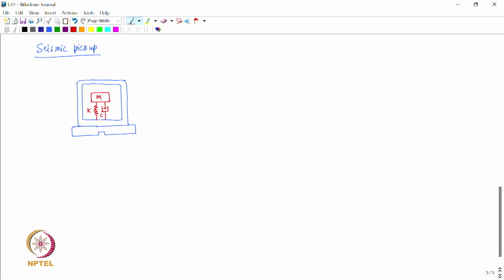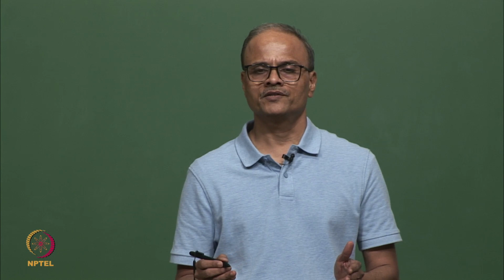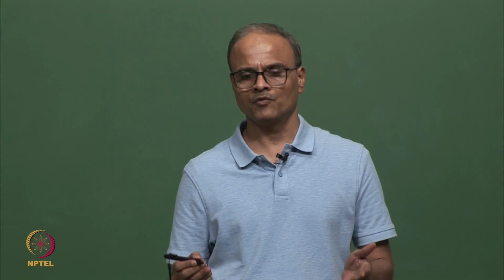So, this is the casing of the seismic pickup, right, and this is the seismic mass, right. So, this is nothing but essentially a single degree of freedom spring mass dashpot system inside a casing, and this pickup is then mounted on the surface whose vibration we want to measure.